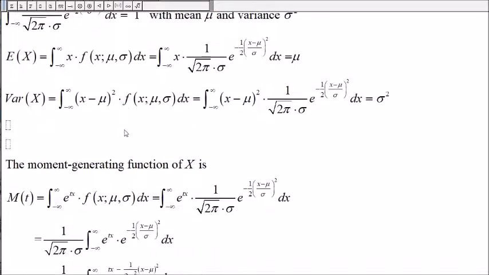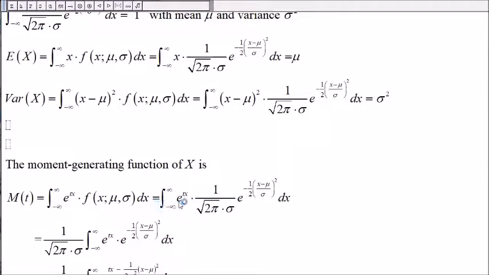And now we want to find what's called the moment generating function of x. And then we want to show how this moment generating function of x is related to mu and sigma squared. The moment generating function, defined as M of t, is the integral of e to the t x times the function f of x.